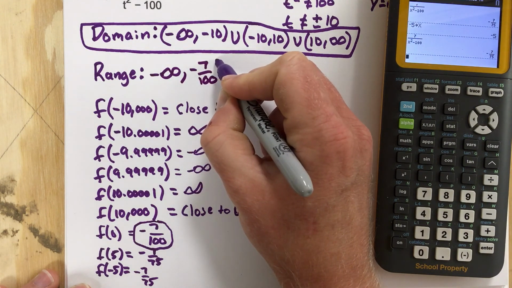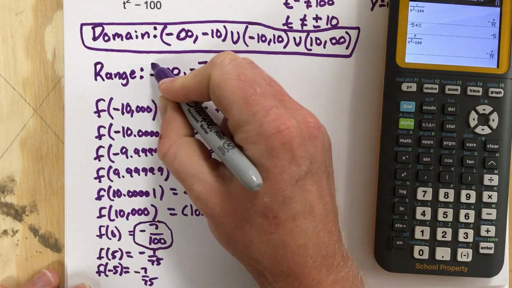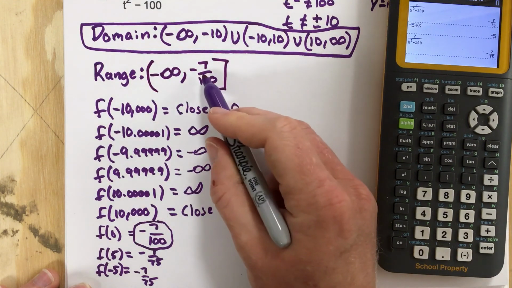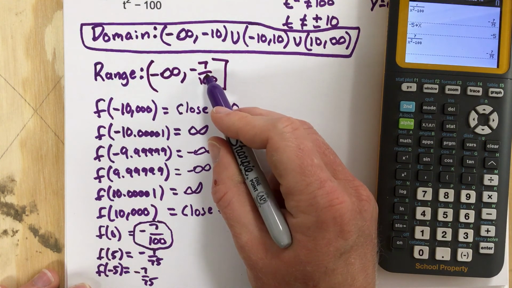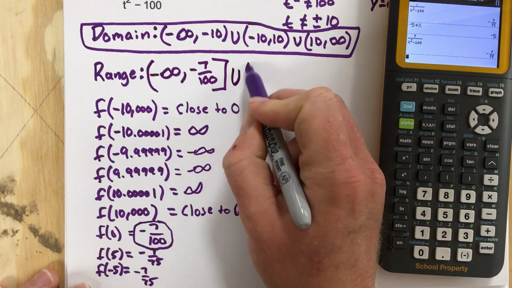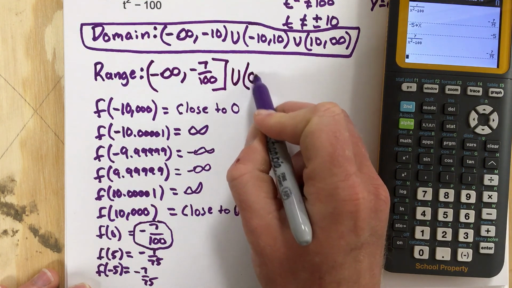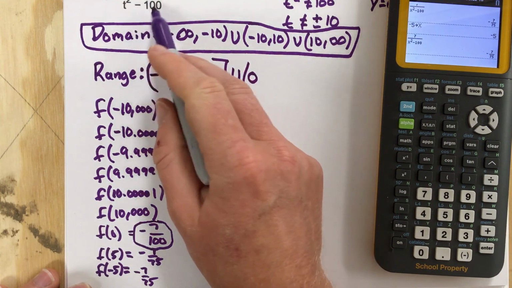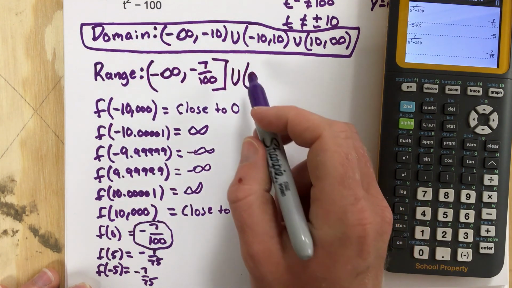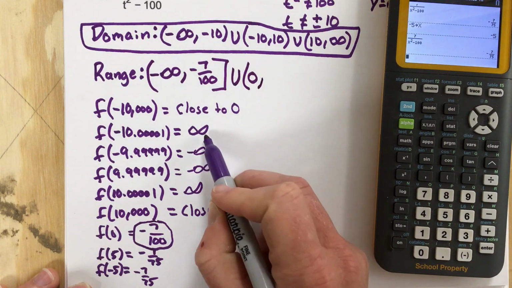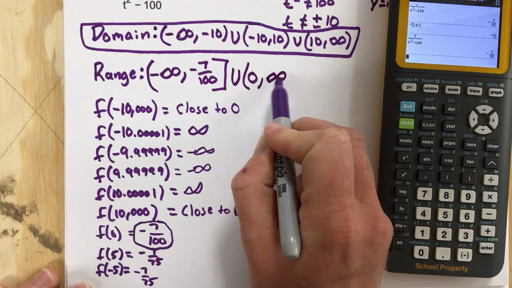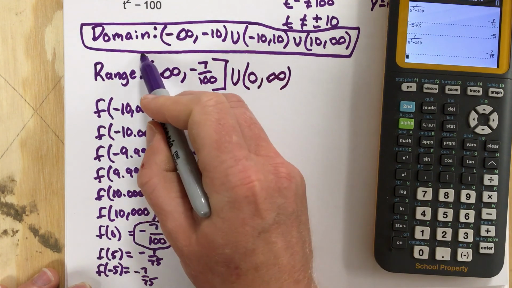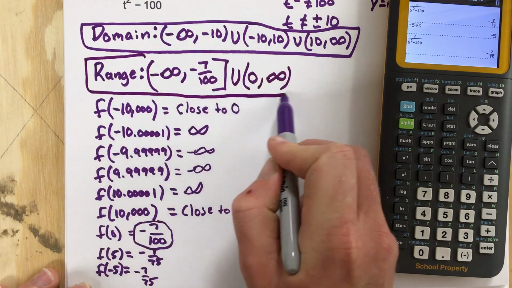And we cannot get any closer to 0 than negative 7 over 100 from the left. But we can get close to 0 from the right, so we have 0. But you can never get 0 because obviously you have a fraction, so you're not going to be able to get 0 unless you have 0 on top. And then we go all the way up to infinity. So this is the range for this function.